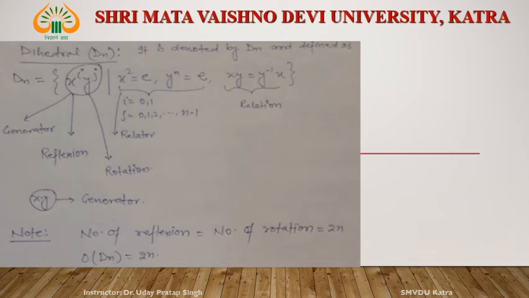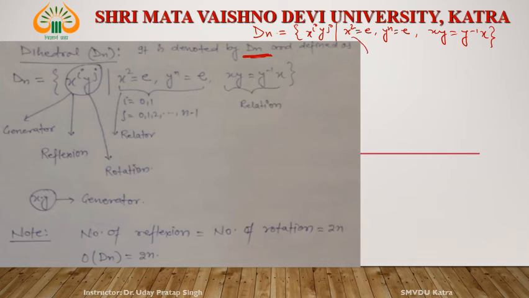See the dihedral group. What is dihedral? Dihedral is denoted by Dn. Right? Always dihedral is denoted by Dn and defined as the set of x^i y^j, where x satisfies x^2 equals e, y satisfies y^n equals e, and xy is equal to y inverse x.